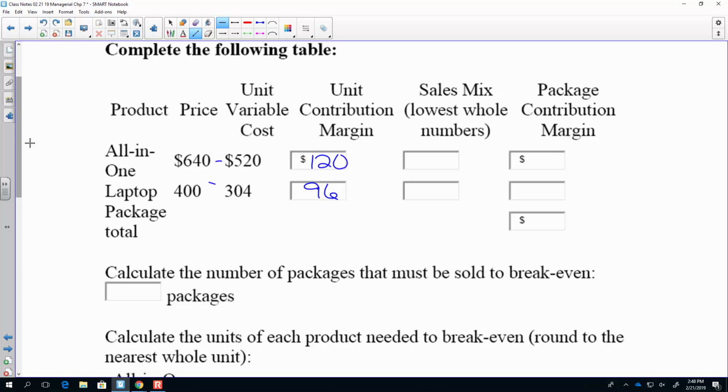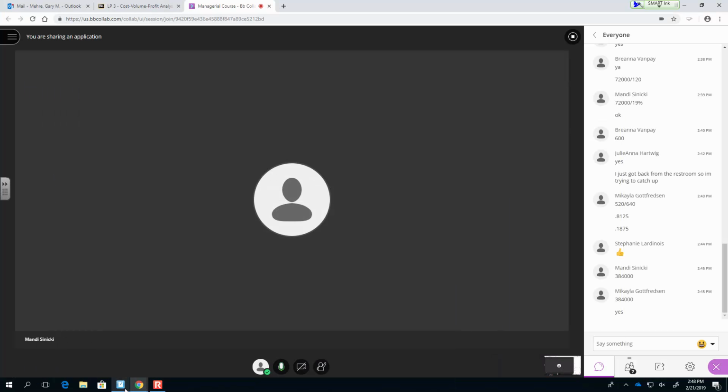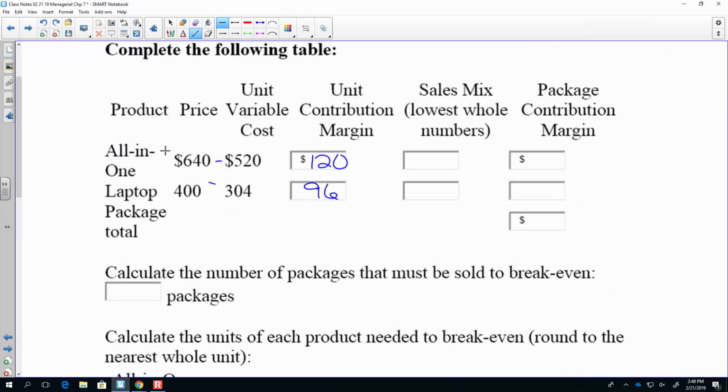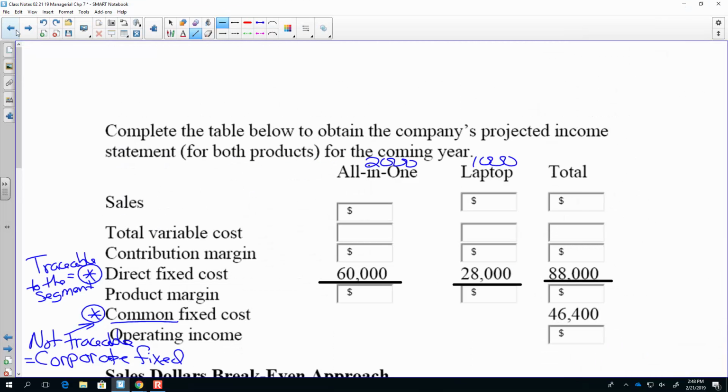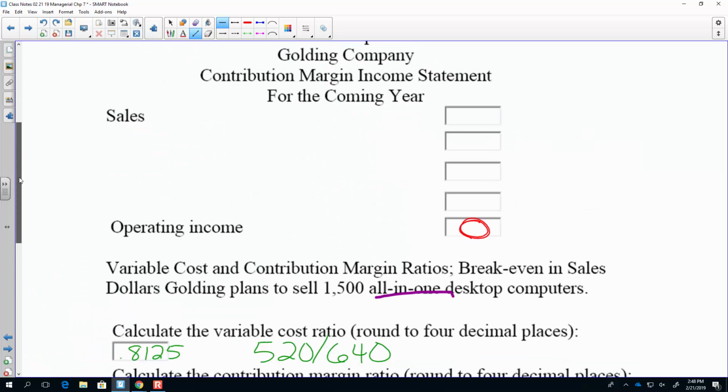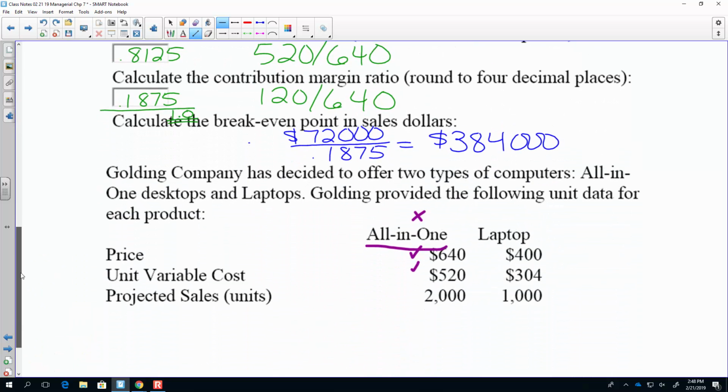Now I'm selling 2 all-in-ones, right, to 1 laptop. I just want to make sure those are my numbers. 2,000 all-in-ones to 1,000 laptops. That's my projection.